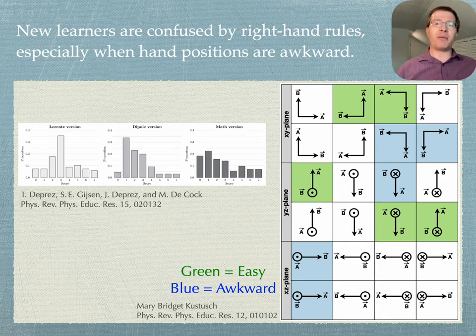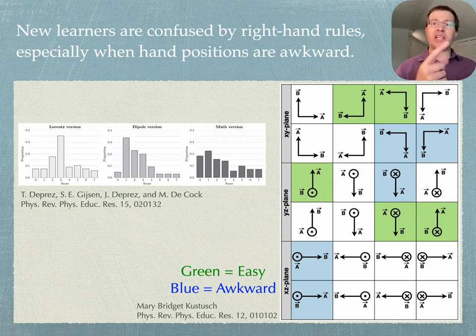There's another study that I'm illustrating here on the right-hand side of the page by Kustoch, who studied how reliably students got questions about right-hand rules, magnetism or whatever, correct, depending on how you have to hold your hand for that particular problem. She took vectors A and B, A cross B, and asked how easily students can find the cross product of A and B with that three-finger thing.